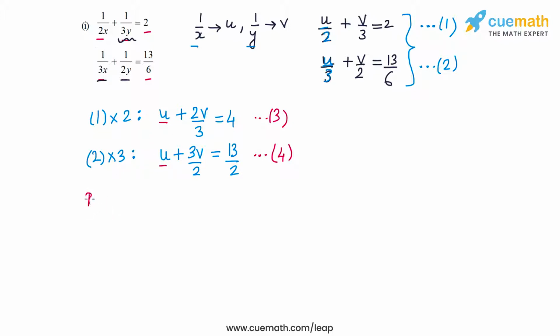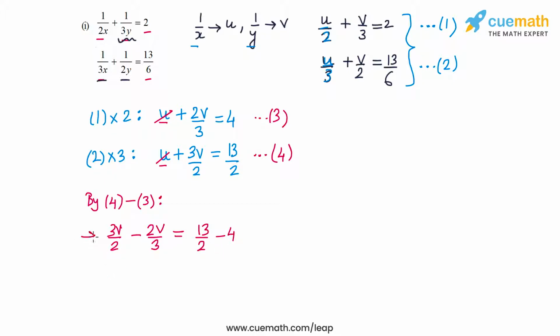So let's do 4 minus 3. What does this give us? The u terms cancel out, and on the LHS we have 3v by 2 minus 2v by 3, and on the RHS we have 13 by 2 minus 4.